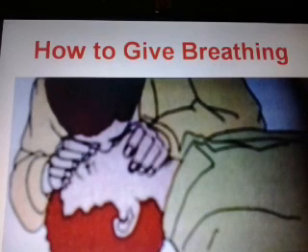Allow the patient to exhale passively by elastic recoil of the chest between two breaths.